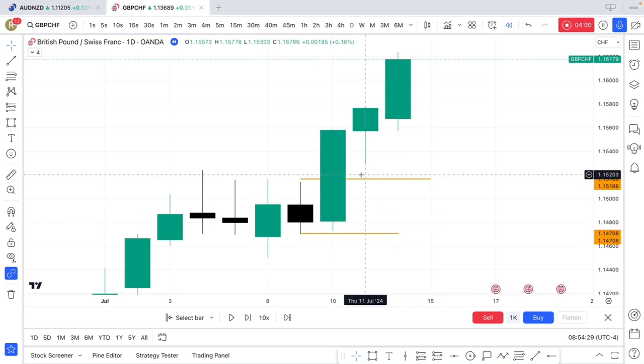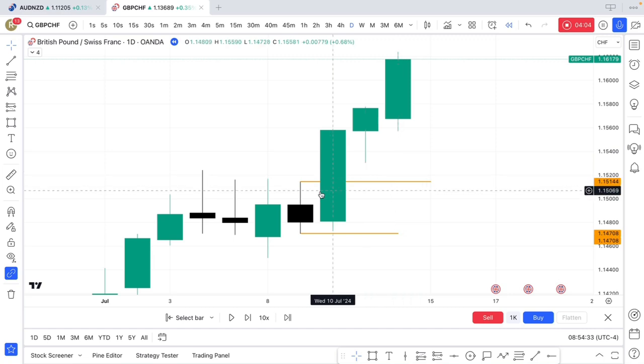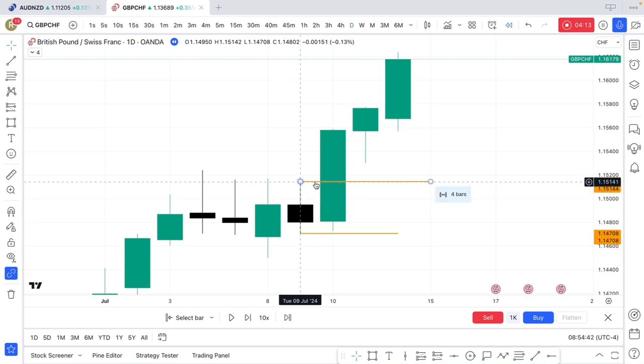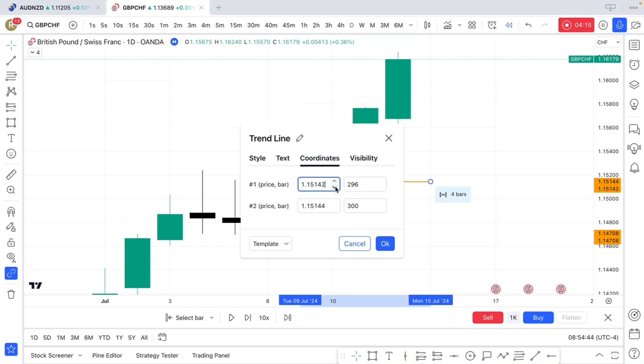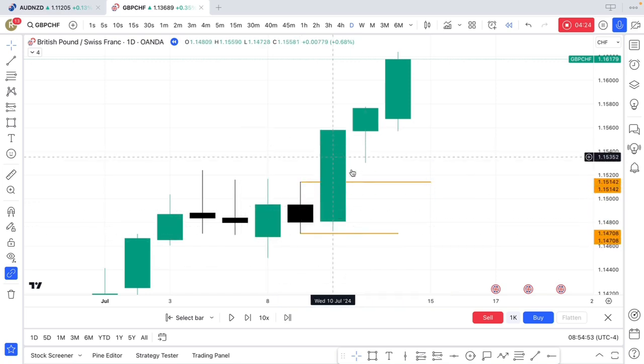This is 15166. 15142, sorry. So immediately price breaks above this, a breakaway.